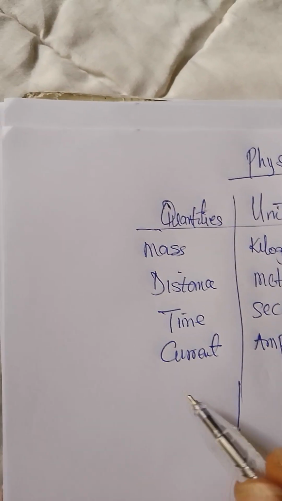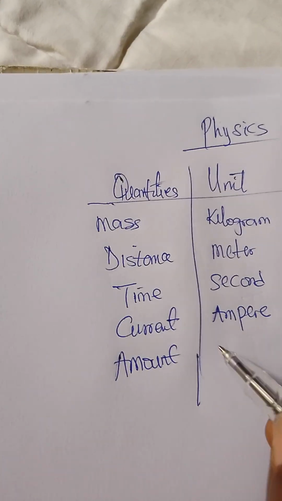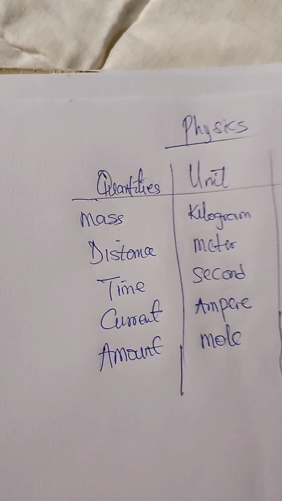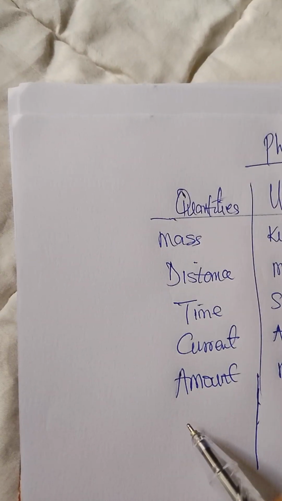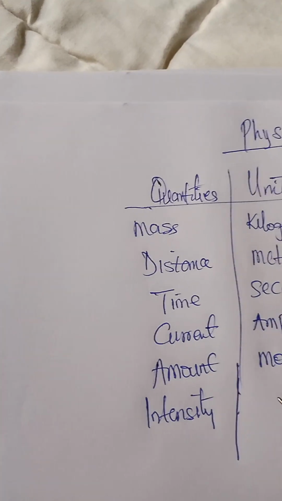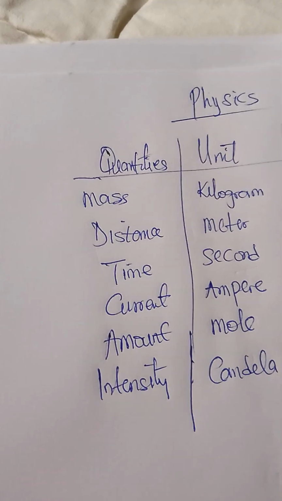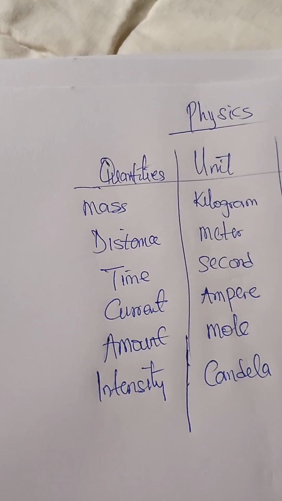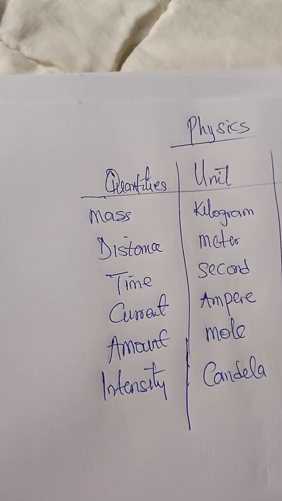We have amount of substance. The unit of amount of substance is mole. And I have luminous intensity. The unit of luminous intensity is candela. So these are the 7 fundamental quantities.